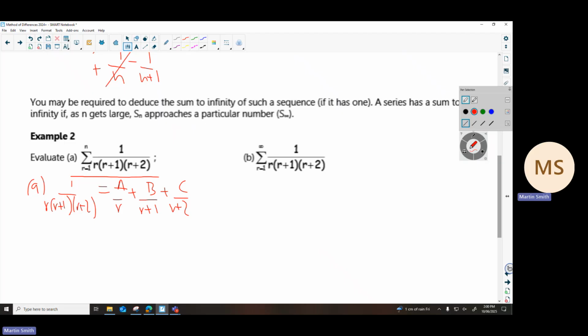If you multiply through to get rid of the fractions, you will get that 1 is equal to a times r plus 1 times r plus 2 plus b r times r plus 2 plus c r times r plus 1. If you then sub in, for example, r is 0 to make the factors of r equal to 0 disappear, you will get 1 is equal to 2a. So therefore, a is a half.